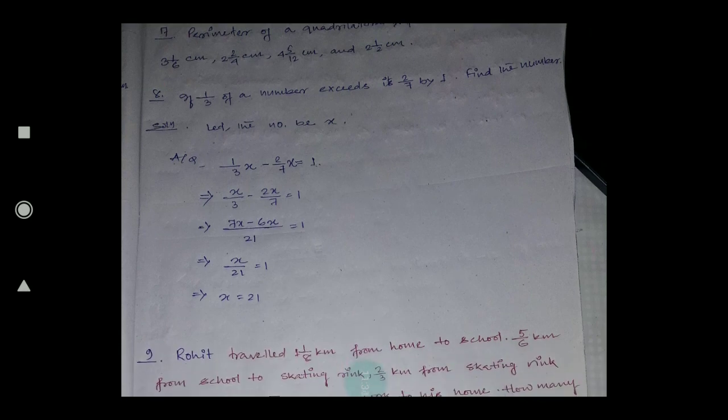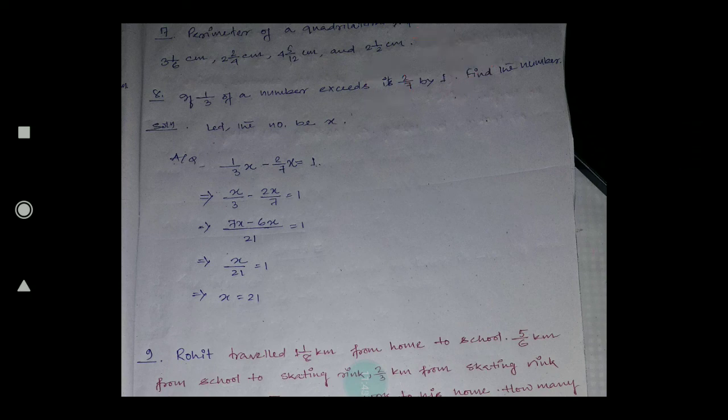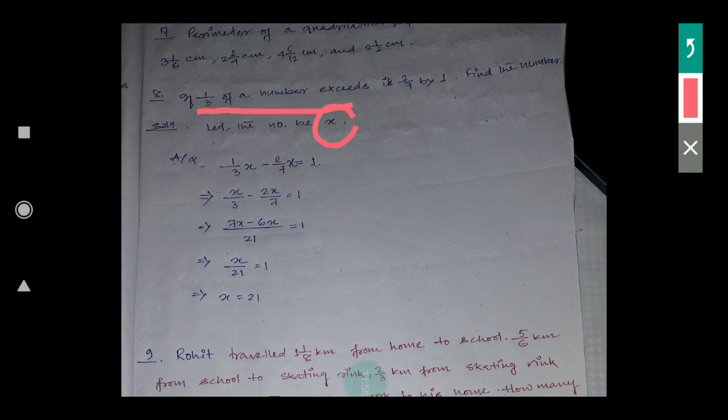If 1/3 of a number exceeds its 2/7 by 1, find the number. So that number I have taken as x. According to the question, 1/3 of a number, that means 1/3 of x, exceeds its 2/7 of that number.